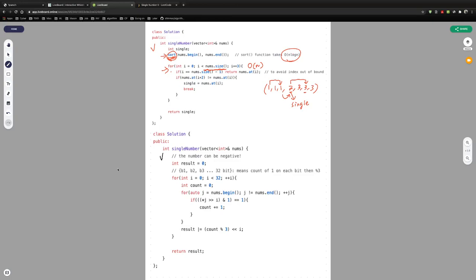Okay, this is our second solution. One thing you need to know is that the largest integer is 32 bits.